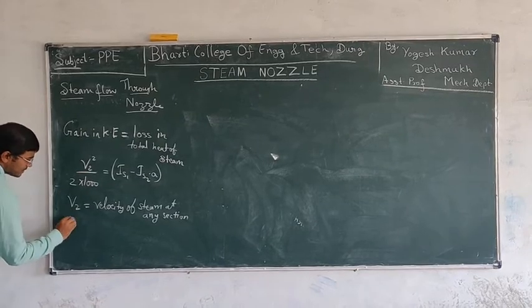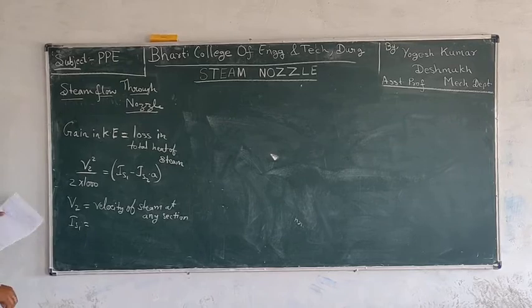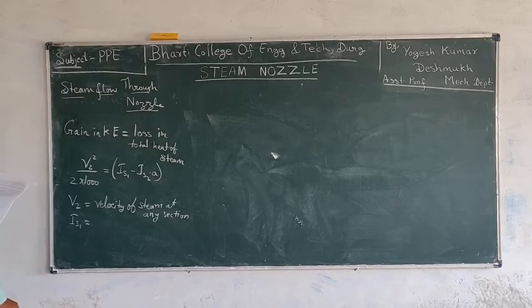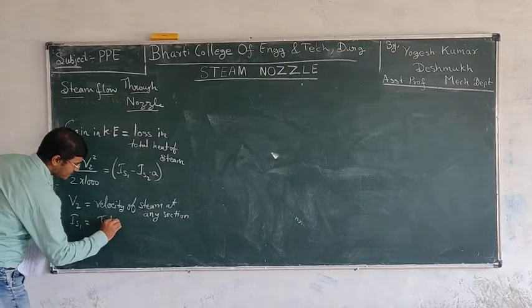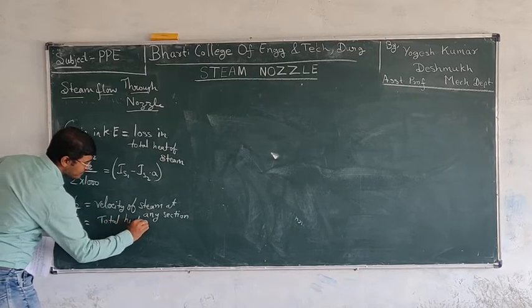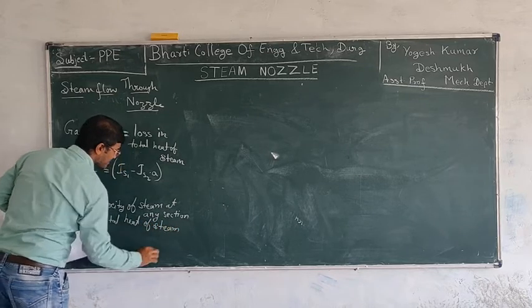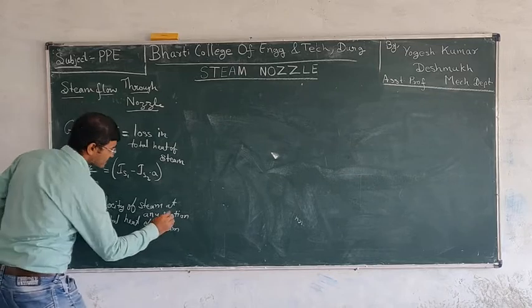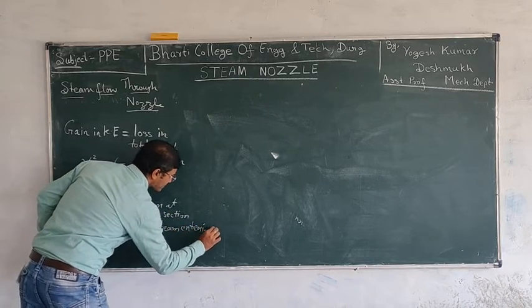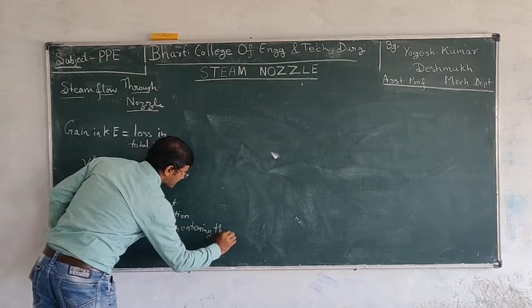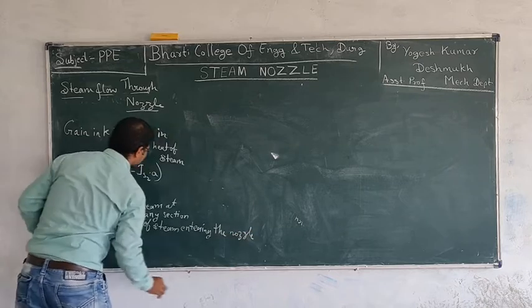IS1 is the total heat of steam entering the nozzle.